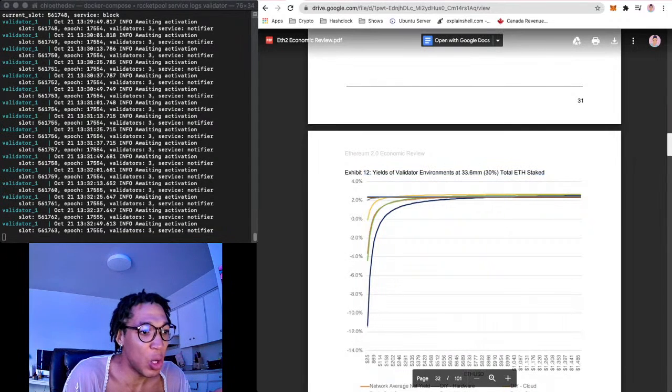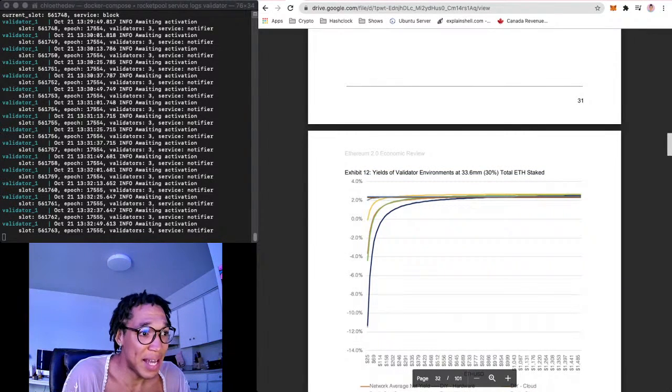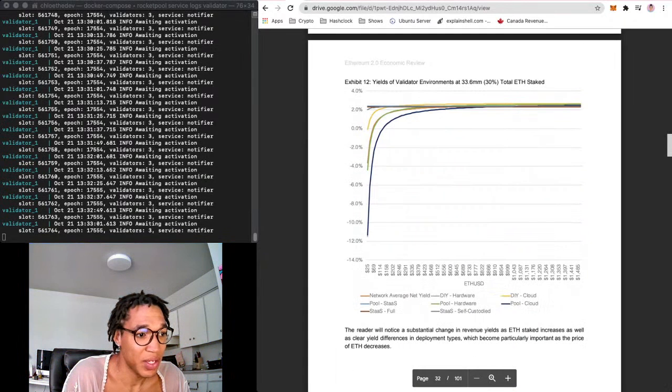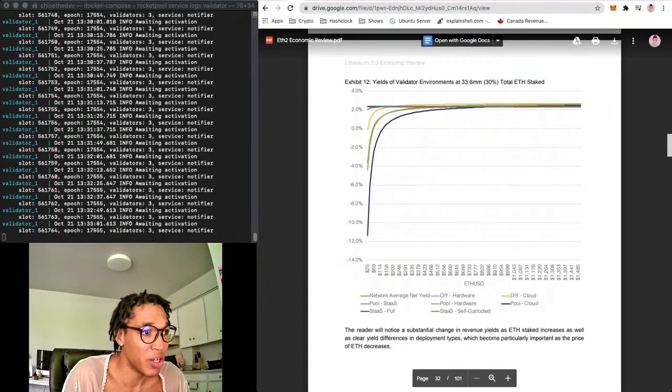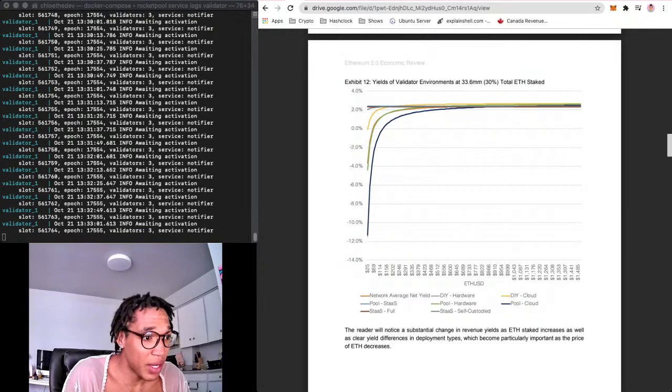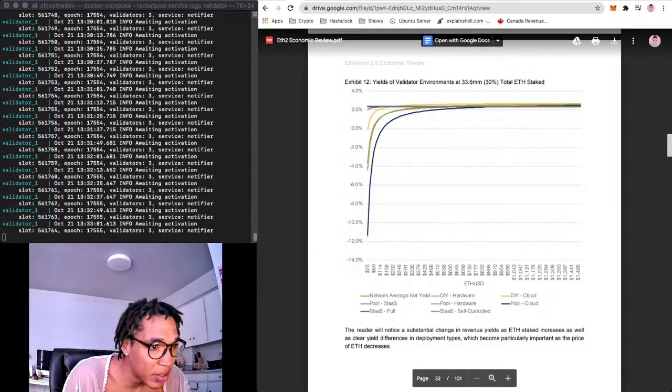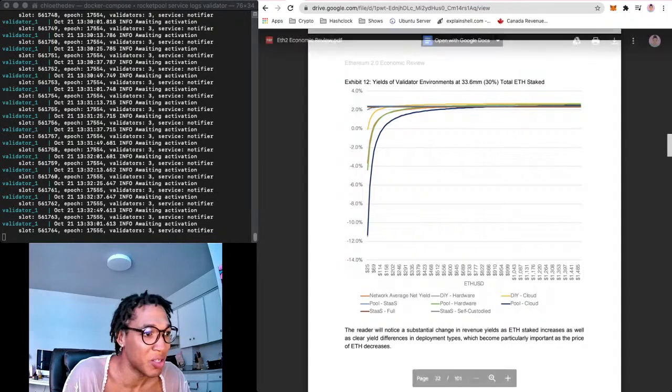So at these low prices, you could see how there's negative yields for a lot of different validator types all down here. So doing it yourself is not bad, right? But like this blue line being pulled in a cloud, you're gonna lose yield and all that stuff.